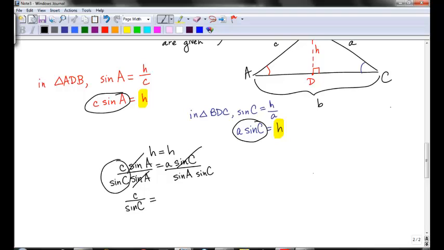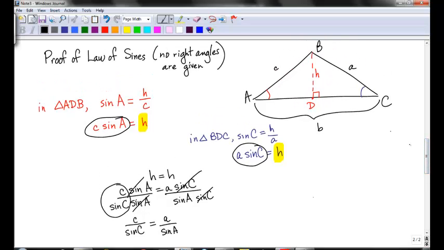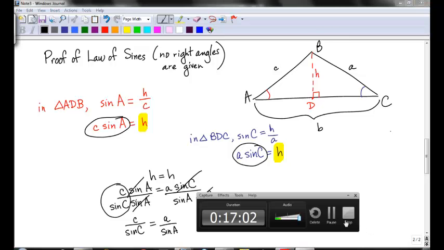The sine of C's divide out, and you've got a over the sine of A. That's how you can use sine in solving oblique triangles when you don't have a right angle in there. Okay, that should be enough to get you started.